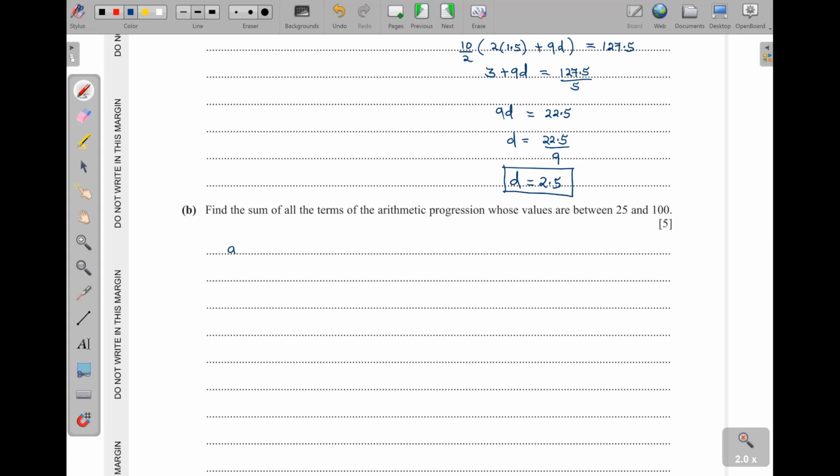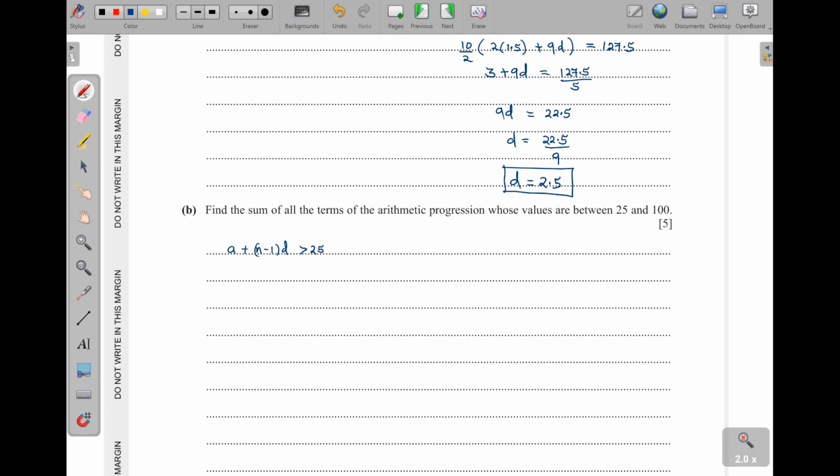Suppose the nth term of an AP is given as a plus n minus 1 d. Suppose I equate this one to 25. They said whose values are between, so it is greater than 25 and less than 100. Actually, I'm going to put greater than first. It has to be greater than 25.